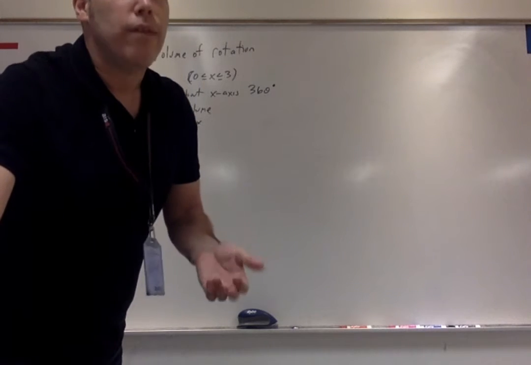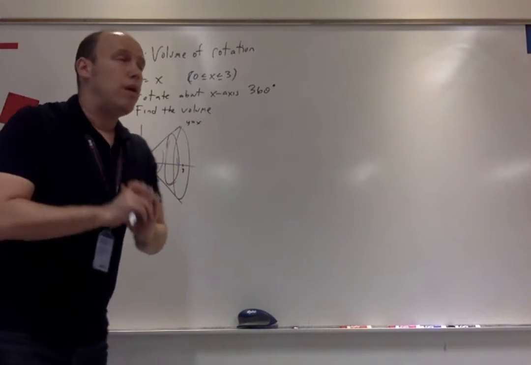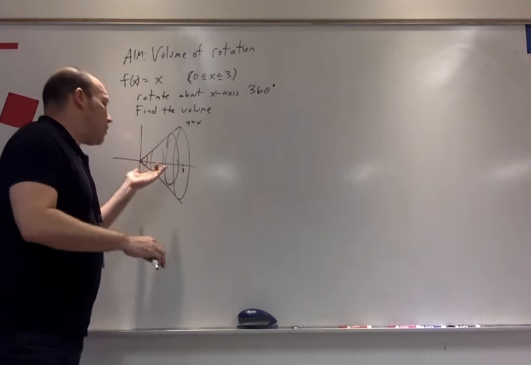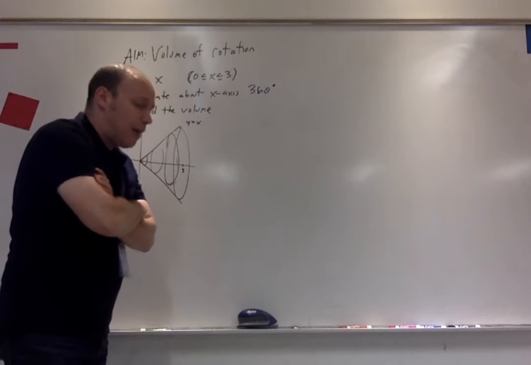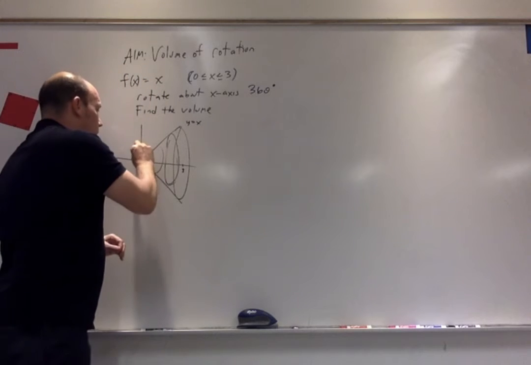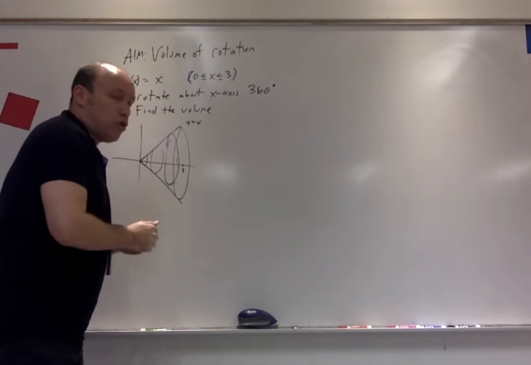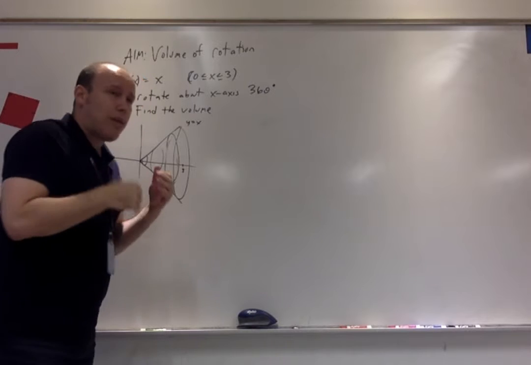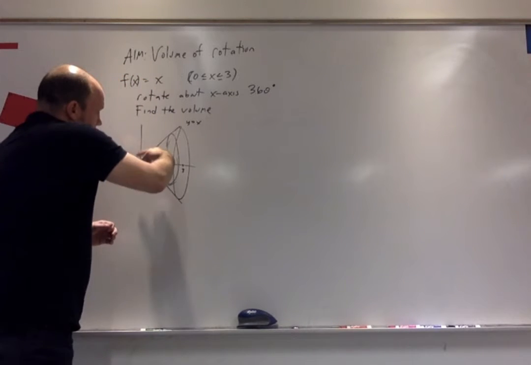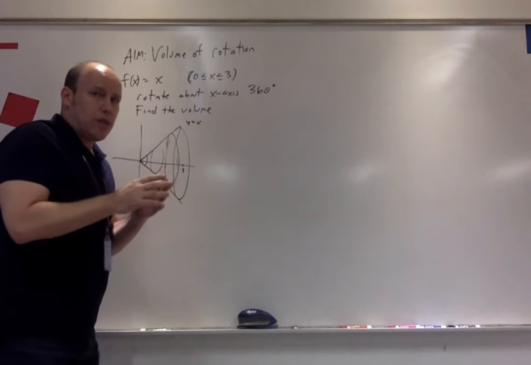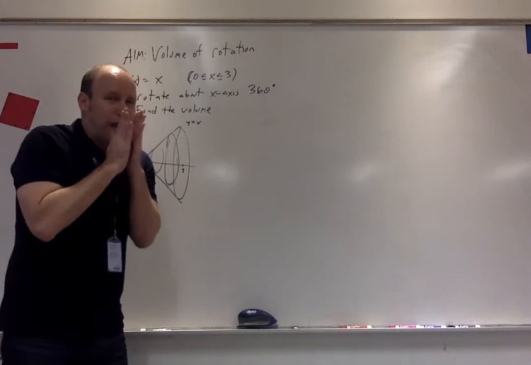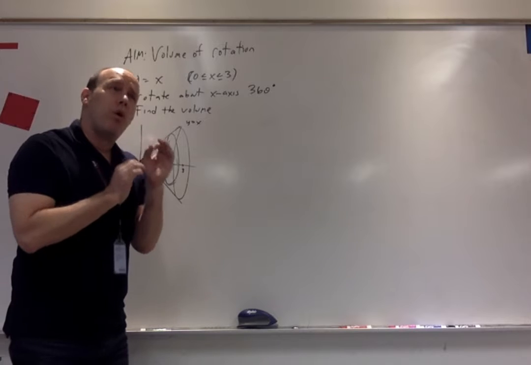Let's think about this. When I asked you to find the area under the curve, I said we were adding up rectangles. In this case it's still that idea, but I created these discs, or circles, with infinitesimally small thickness.